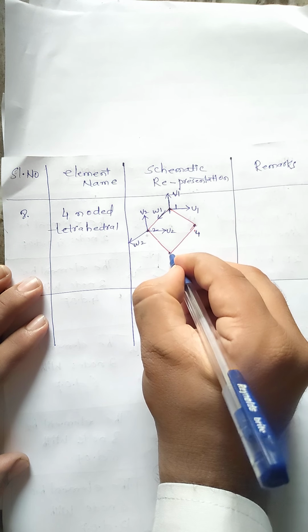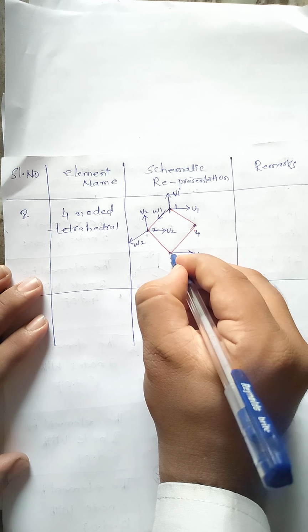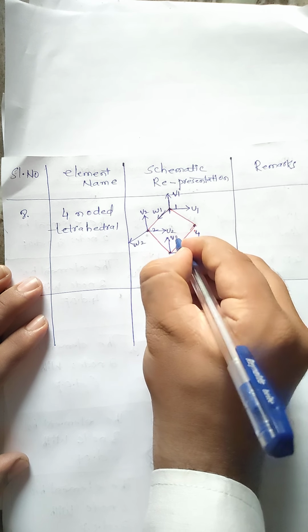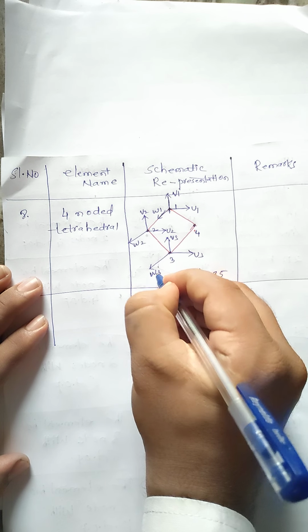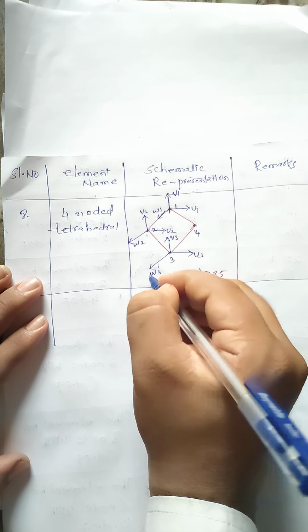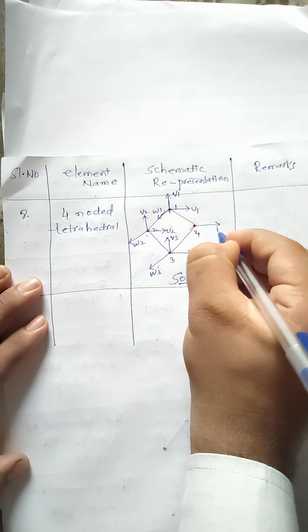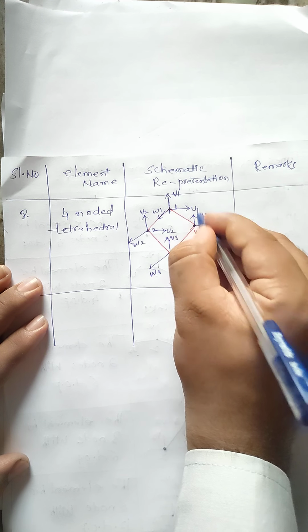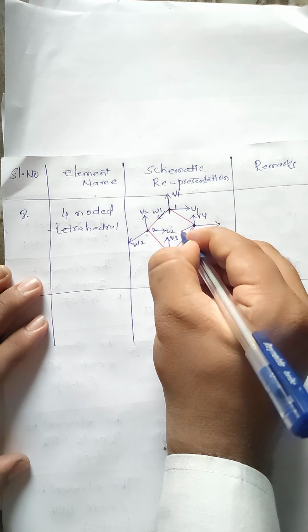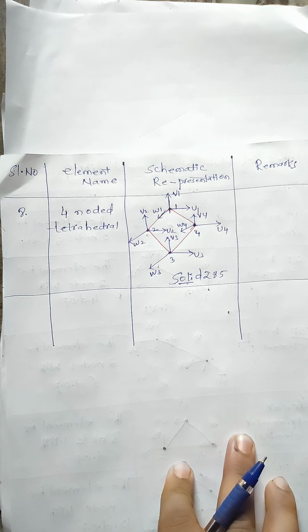Come to this point, displacement u3 is acting in the x direction, displacement v3 in the vertical direction, and displacement w3 in the z direction. Come to this point, displacement u4 is acting in the x direction, displacement v4 in the vertical direction, and displacement w4 in the z direction.